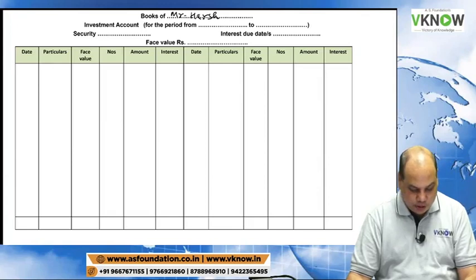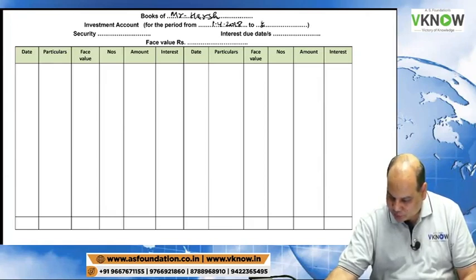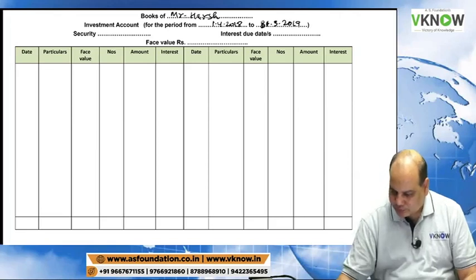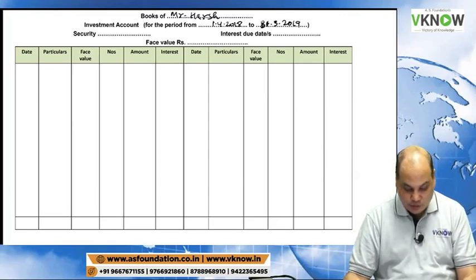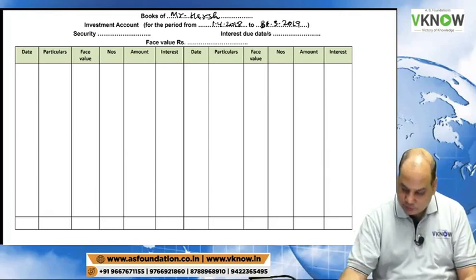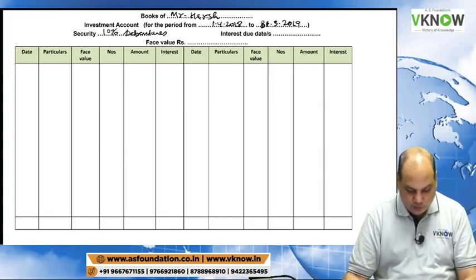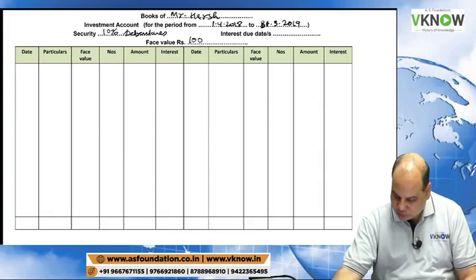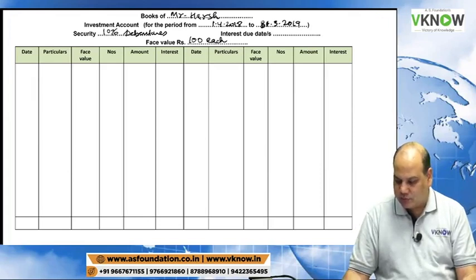Investment account for the period from 1/4/18 to 31st March 19. Name of the security: 10% debentures, face value rupees 100 each.